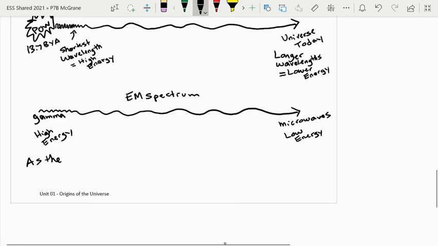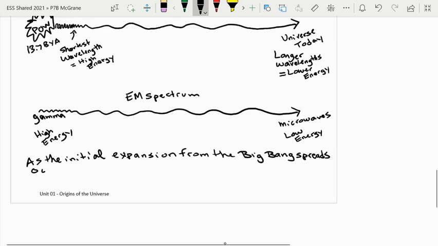So as the initial expansion from the Big Bang spreads out, the universe cools.